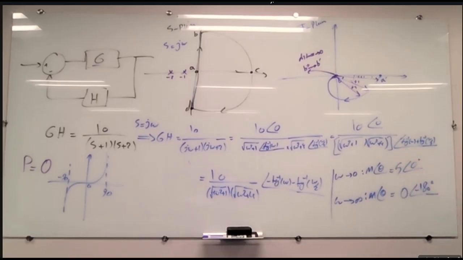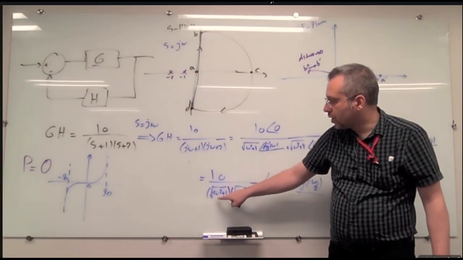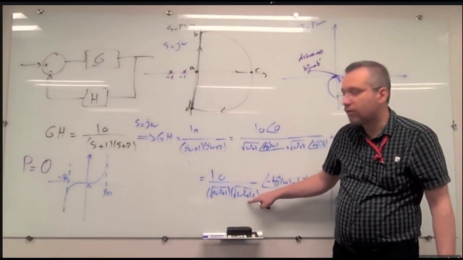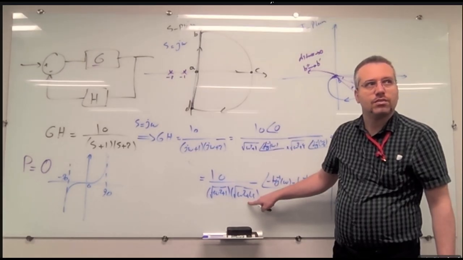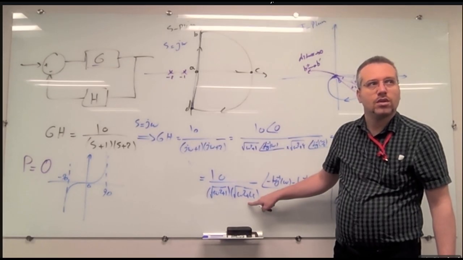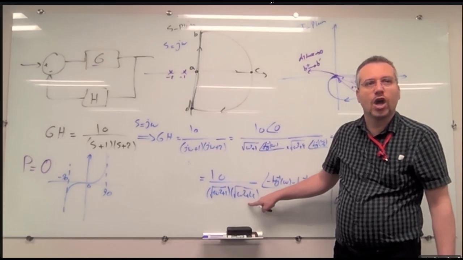But if it goes from 1 to plus infinity, now the speed is going to increase. If omega is 1, we are going to have a square root of 2 times the square root of 5, which is 1.4 times 2.1, it is going to be 4.9 or something.